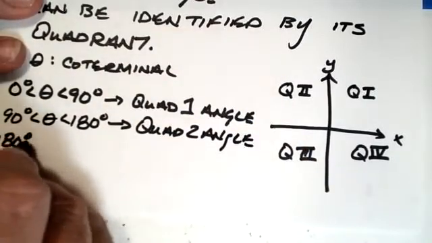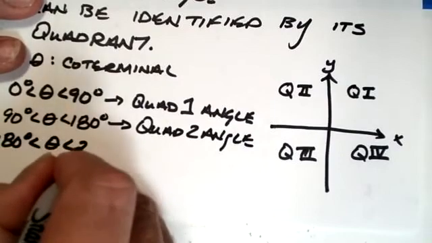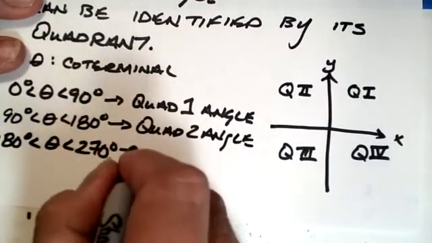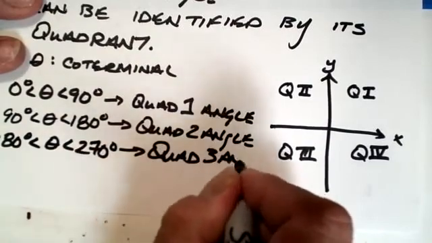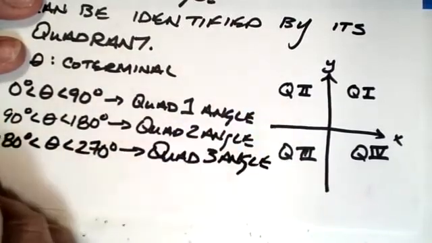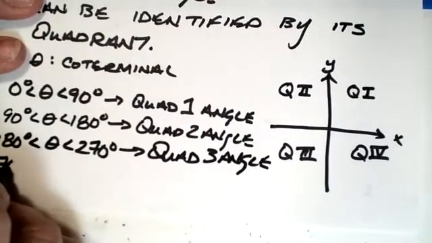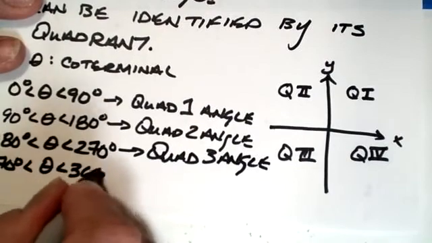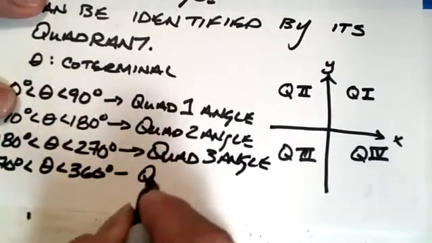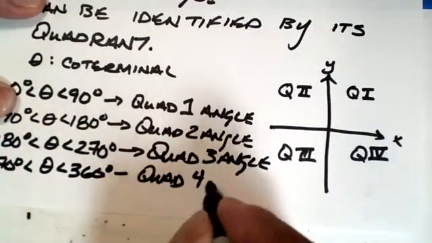Between 180 degrees and 270 degrees, it's called a quadrant 3 angle. And then finally, from 270 degrees to 360, it's called a quadrant 4 angle.